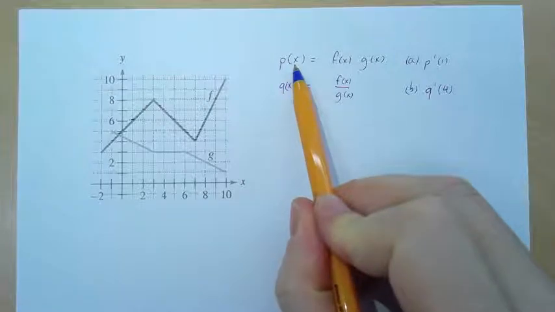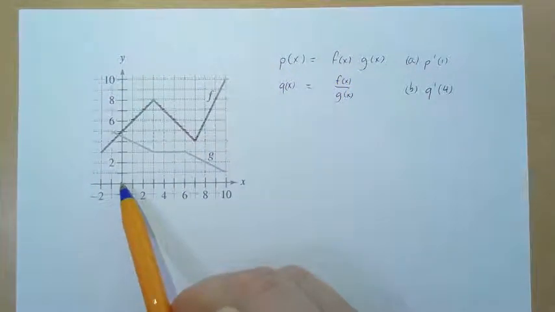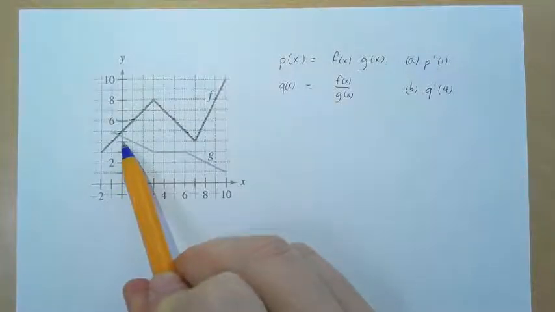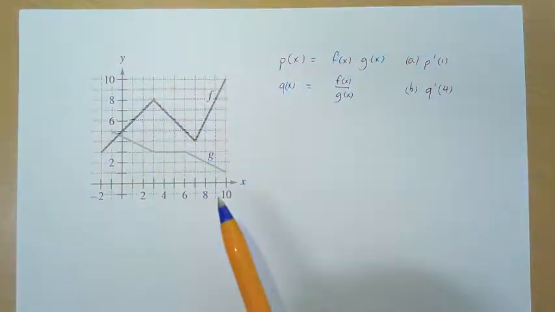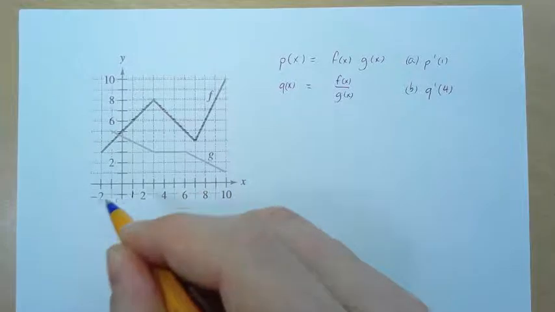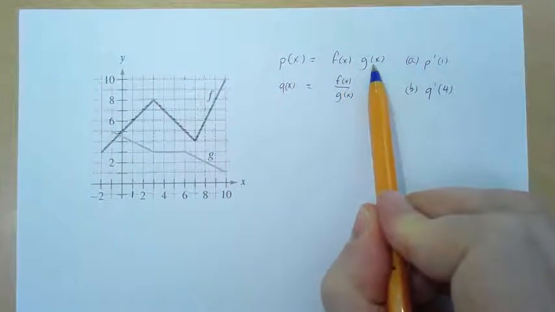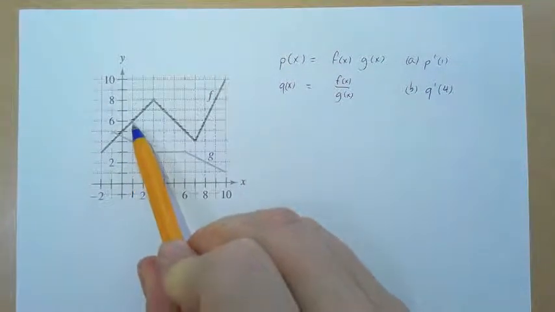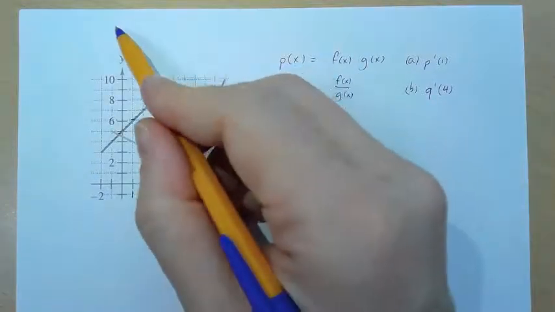Well, p of 0 is f of 0 times g of 0, which is 4.5 times 5, which is 22.5. So the graph of p goes through the point 22.5 up here. What is p of 1? To find p of 1, I need to find f of 1 and g of 1, which is 4 times 6, 24. Okay, so gradually you could sketch the graph.